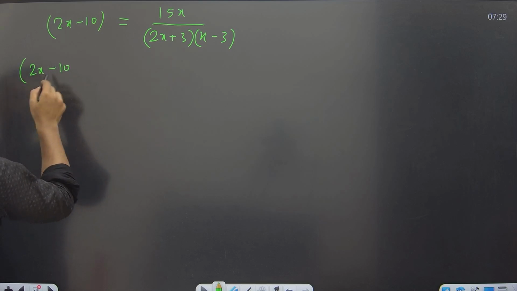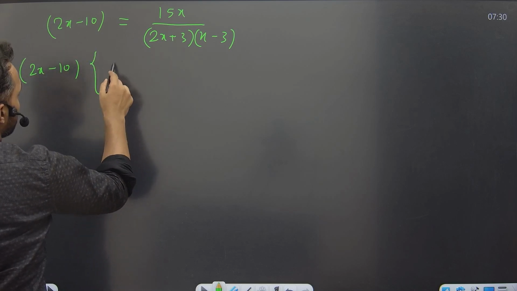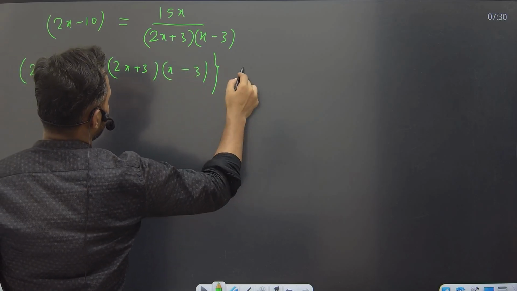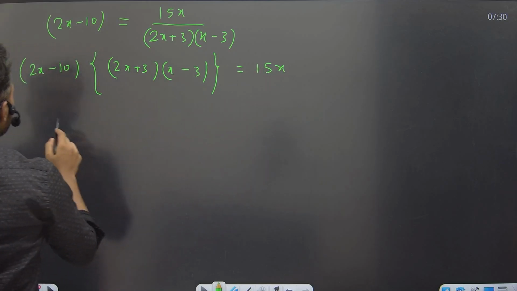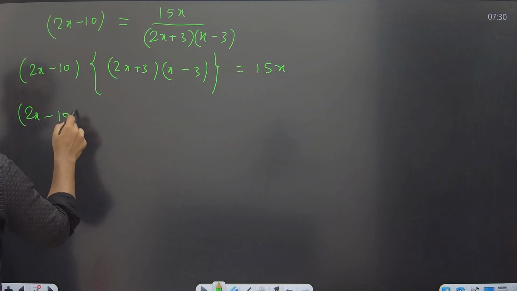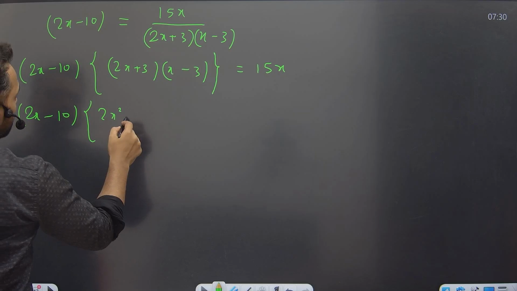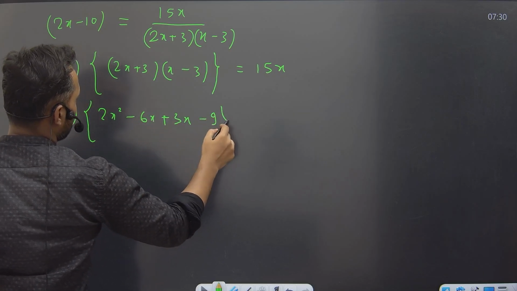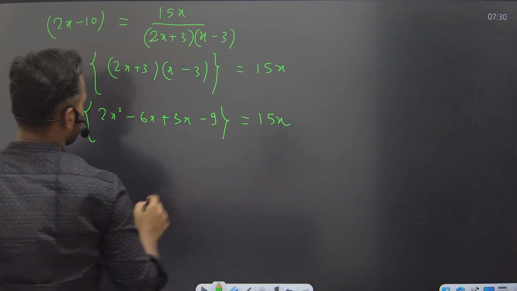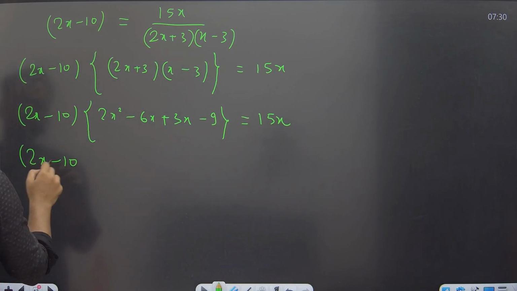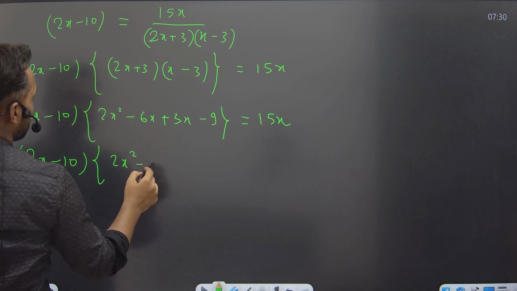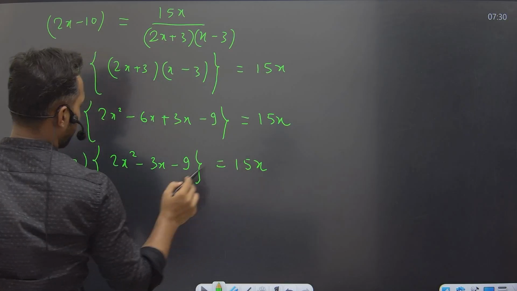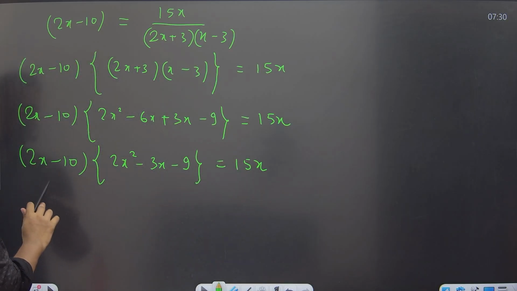2x negative of 10 cross of (2x plus 3)(x negative of 3) equals 15x. Just open this bracket. Here we will get 2x negative of 10, (2x square minus 6x plus 3x minus 9) equals 15x, that is 2x negative of 10 (2x square minus 3x minus 9) equals 15x. Similarly we open this bracket as well.